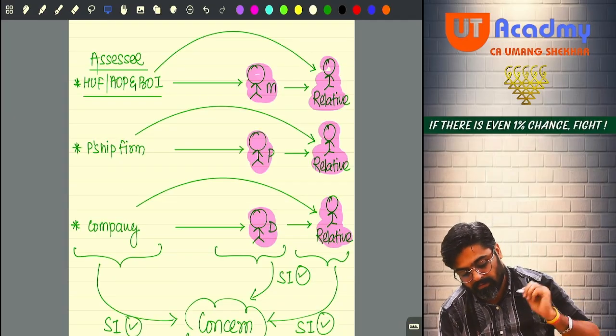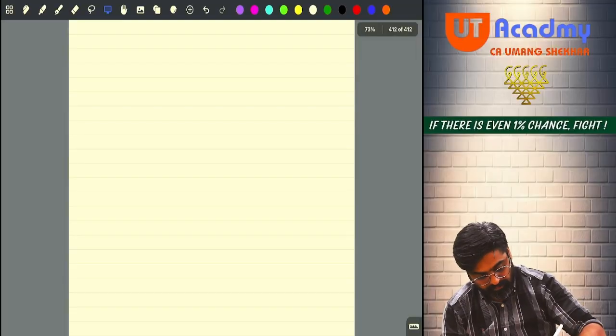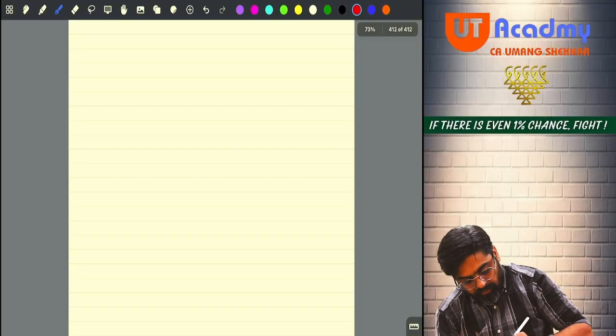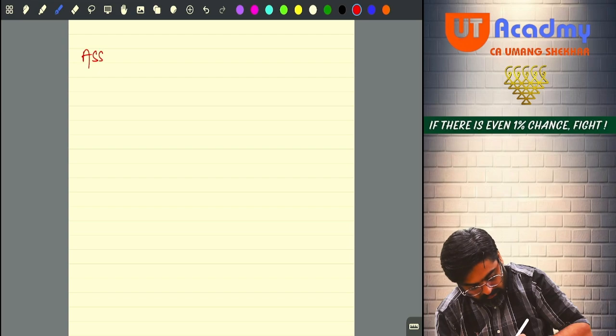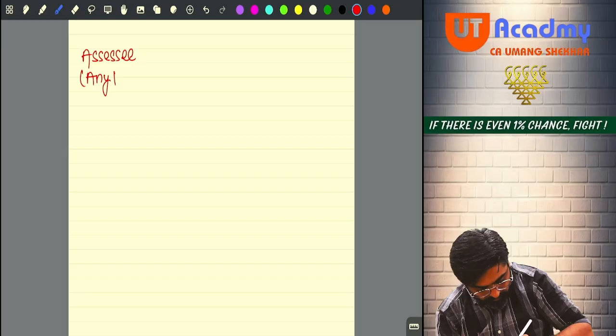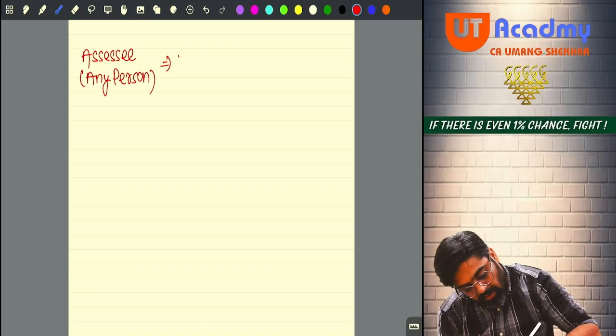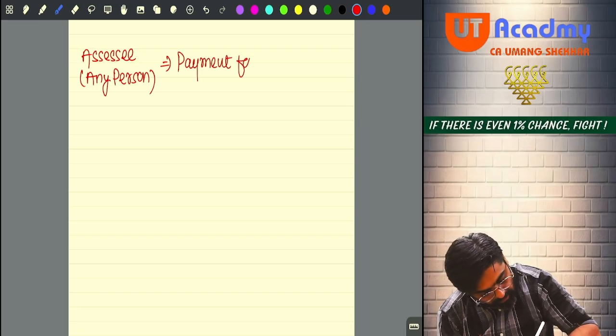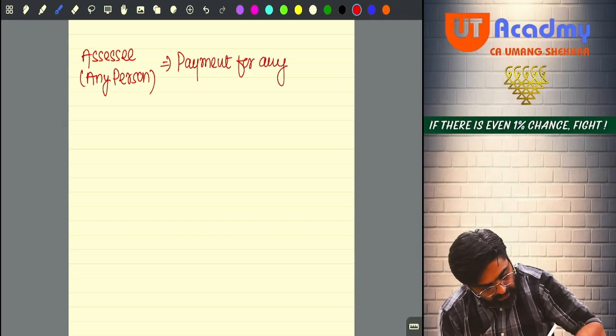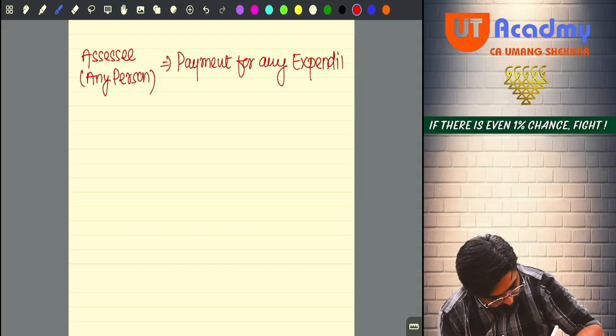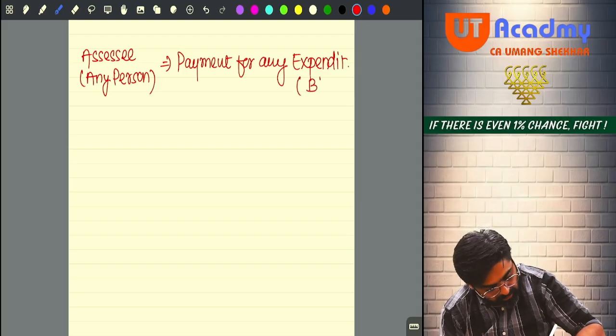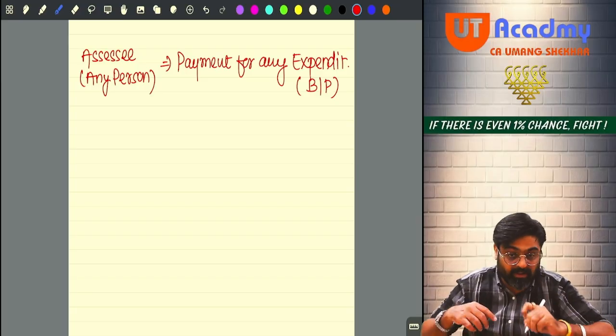Now pay attention to what I'm trying to tell you. If the assessee, who is any person, is making payment for any expenditure incurred for the purpose of business or profession, yes or no?